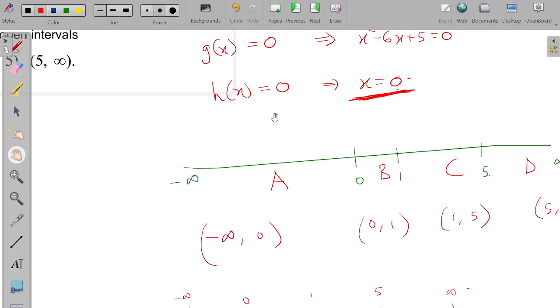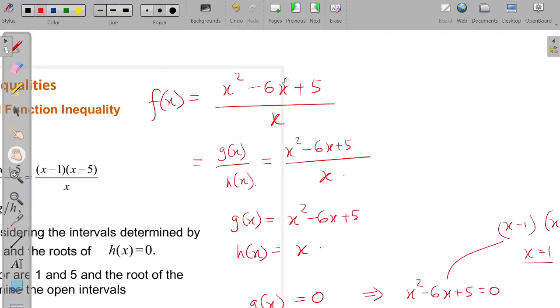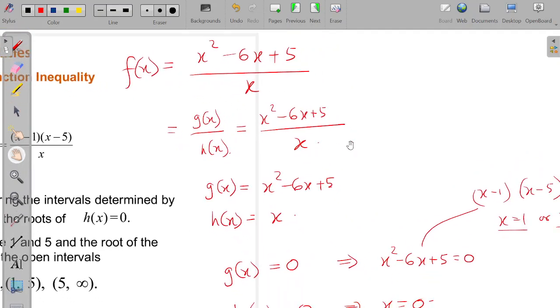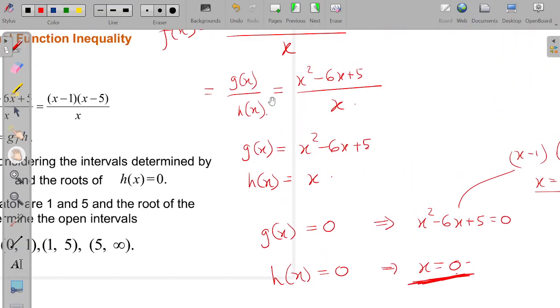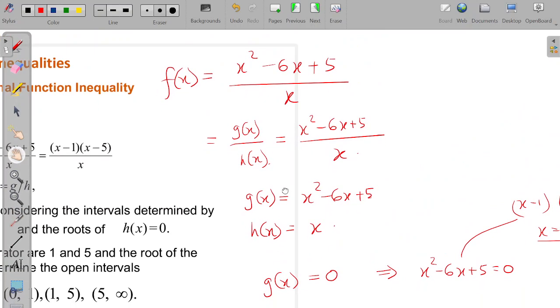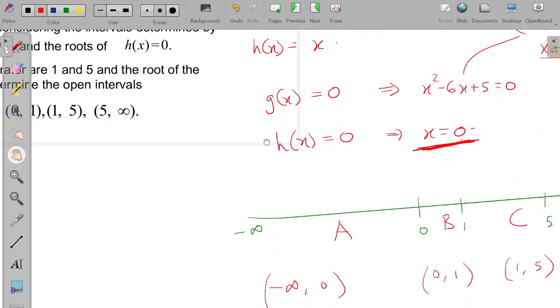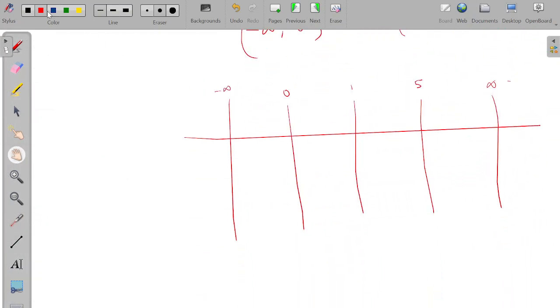And what is my function? Don't forget, this is my function. I can also break it down into 2 parts and multiply the signs together, but I can just pick the whole function, x squared minus 6x plus 5 over x.